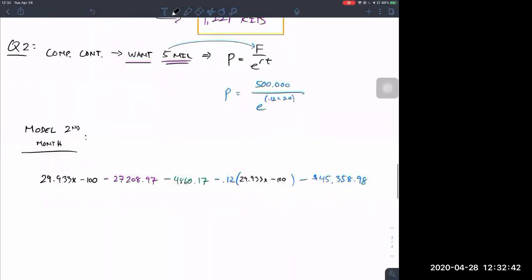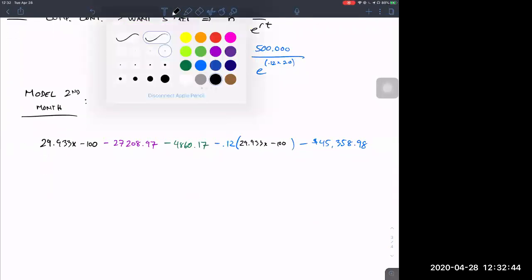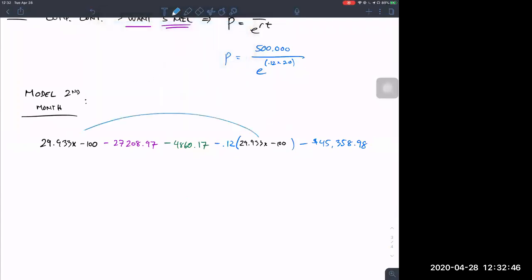Okay, and again, if you took the time to combine these two, that would be correct as well for those that are comfortable with that.